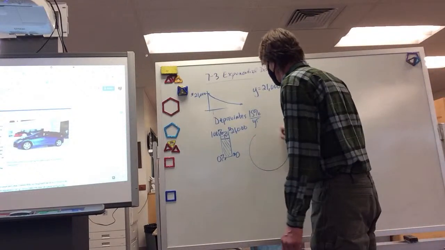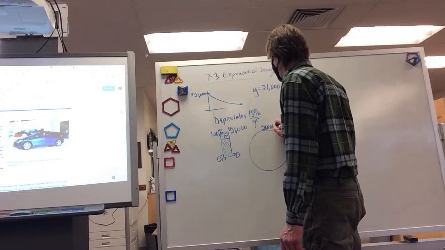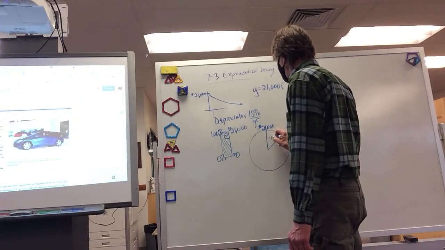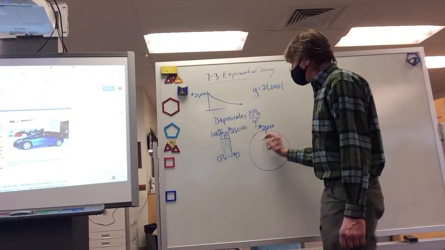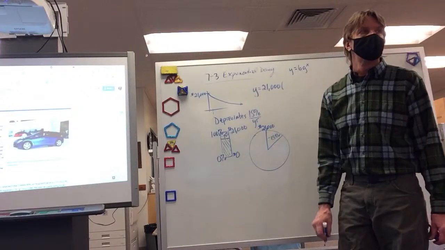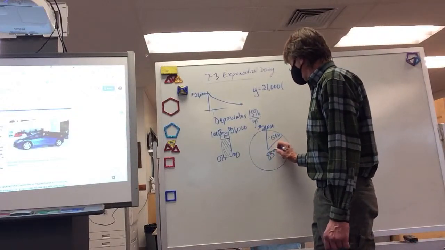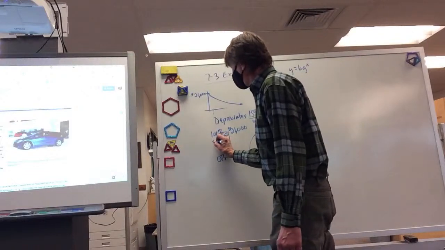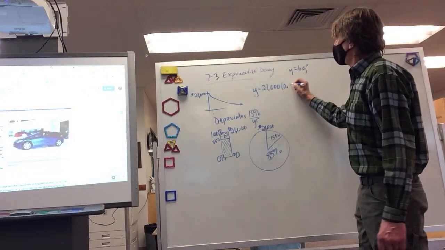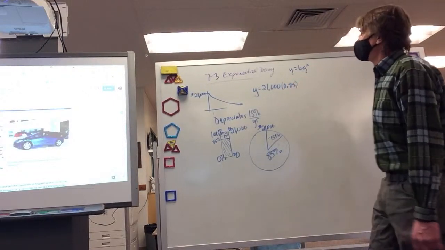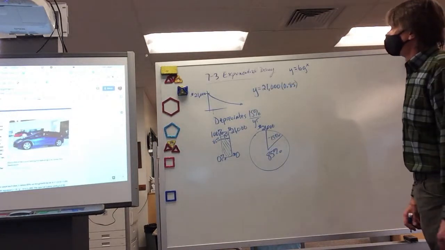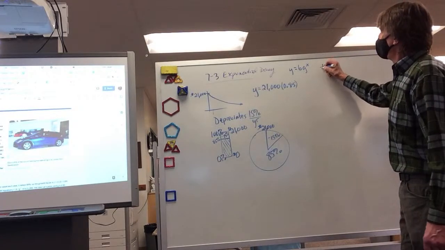Picture it in here. If all this is $21,000, if I cut out and remove 15%, what percent remains? 85% remains. So as far as the worth of the car, after 1 year, it keeps 85%.